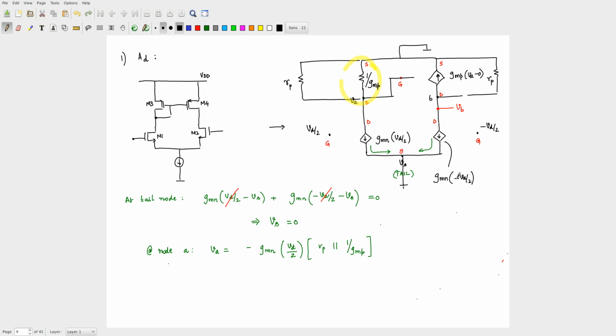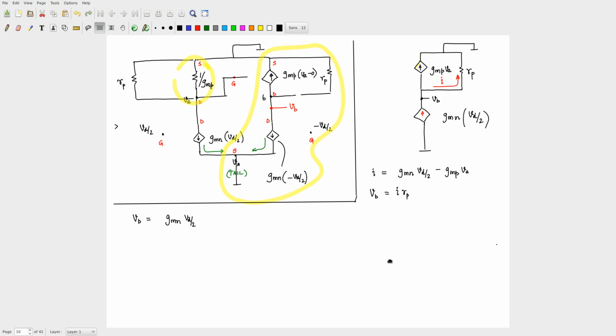So let me just keep all of that here, so maybe I'll just copy this here and keep it. Okay, so this was the quantity VA.